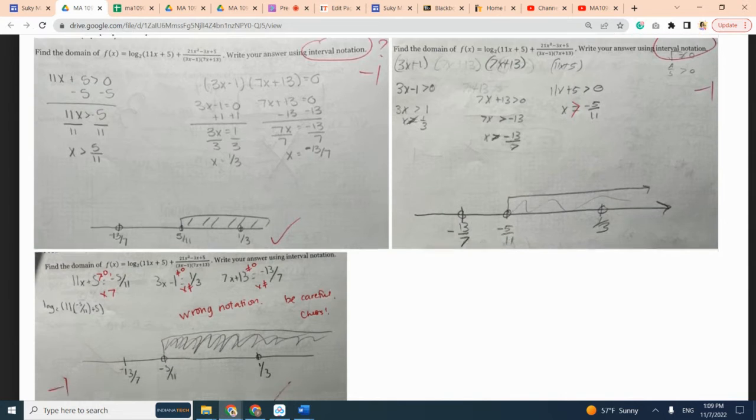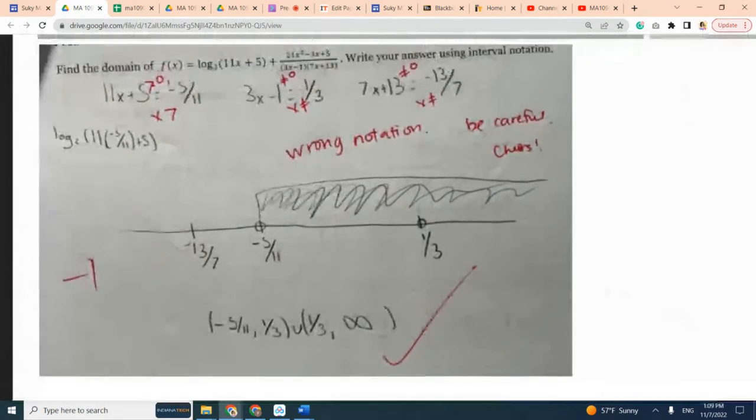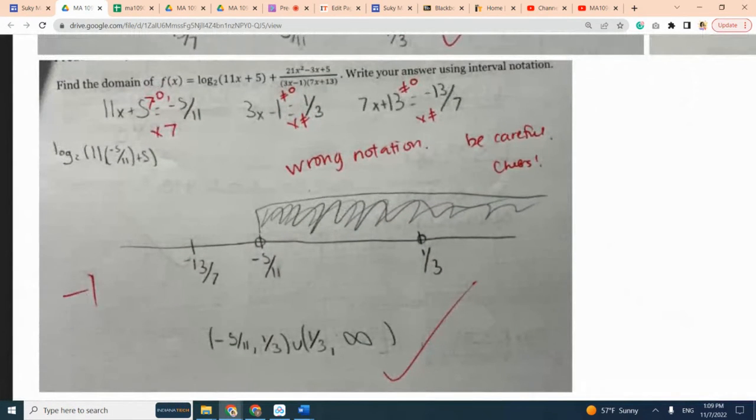And then here, well, be careful. This is wrong notation. You mean 11x plus 5 is greater than 0, so x is greater than -5/11. But you don't mean 11x plus 5 equals -5/11. Right? Here you mean 3x minus 1 is not equal to 0, so x is not equal to 1/3.